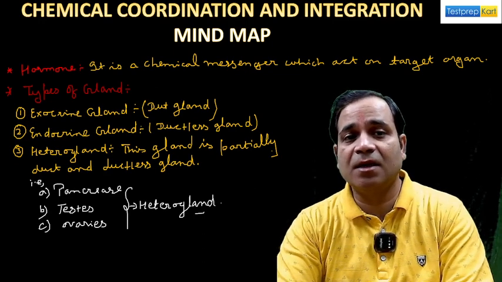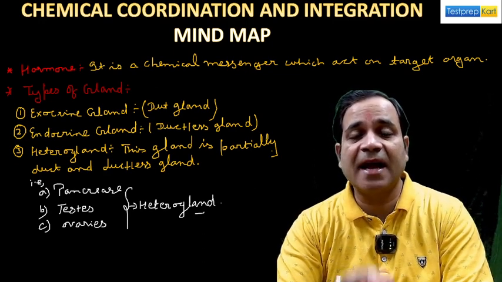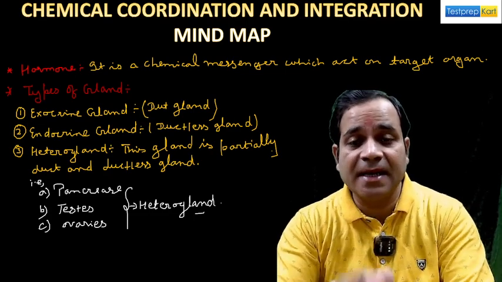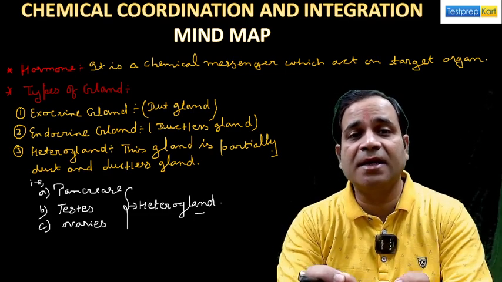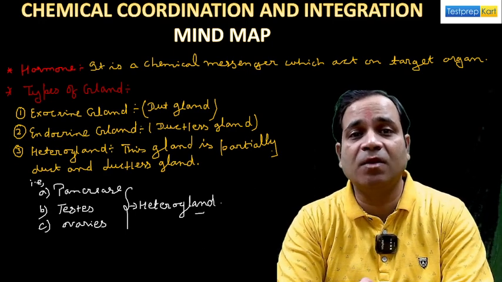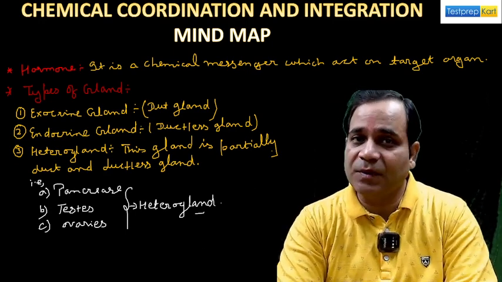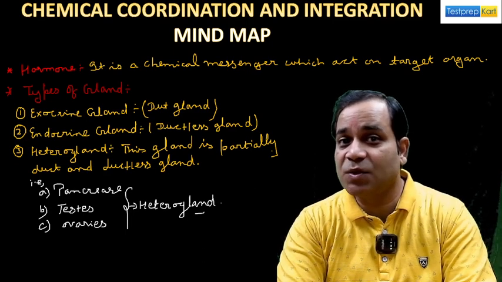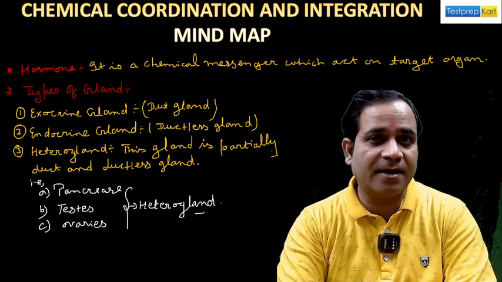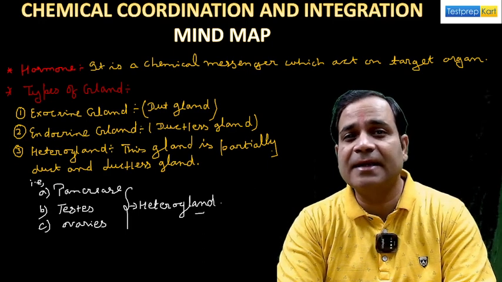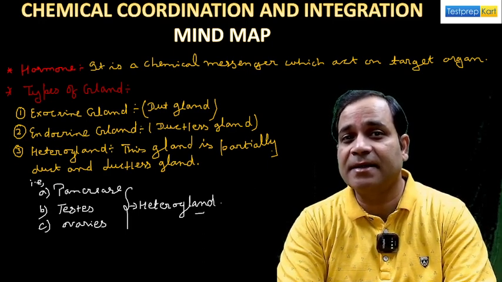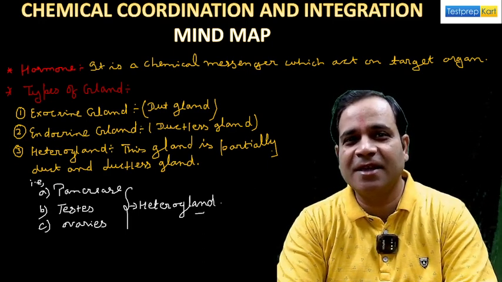Whatever chemical coordination occurs within the body as well as the integration, all that integration and coordination will occur with the help of hormones, my dear. And you all know that the hormone is released from the glands. And you know that glands are of two types, endocrine gland and exocrine gland, my dear. Endocrine gland is a ductless gland while exocrine gland is a duct gland, my dear. Hope this is very clear to all of you.